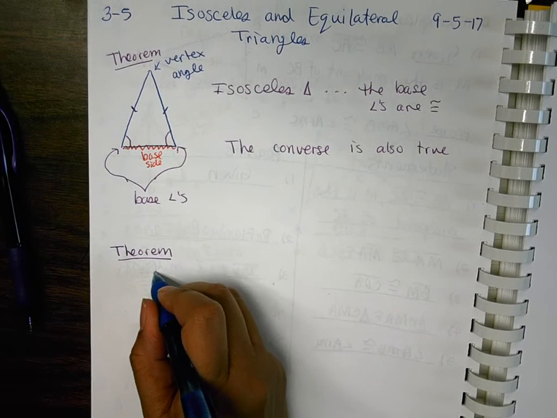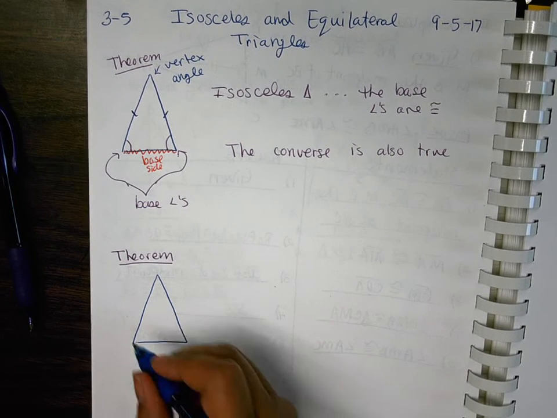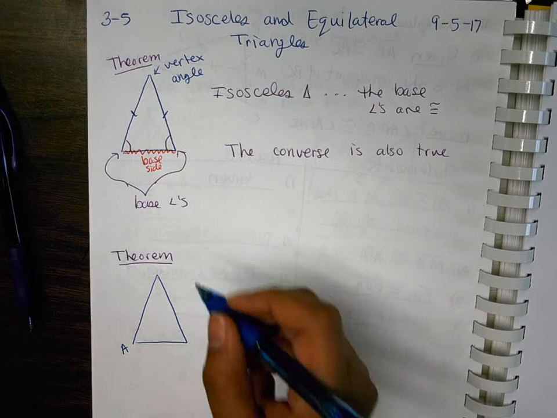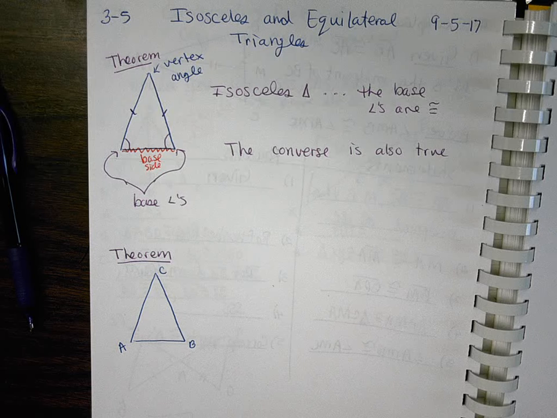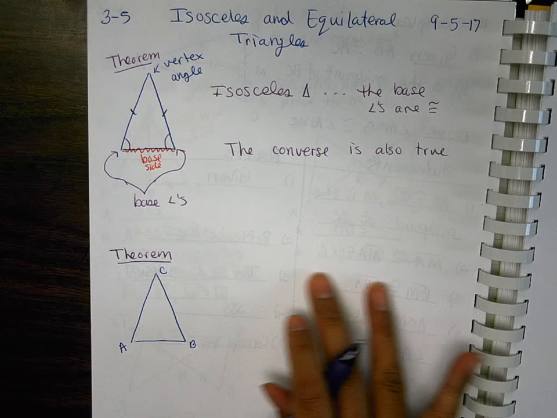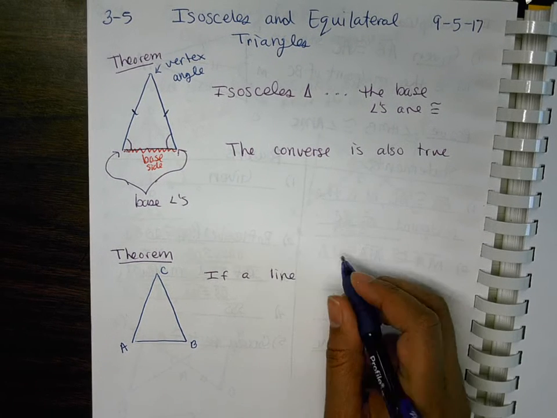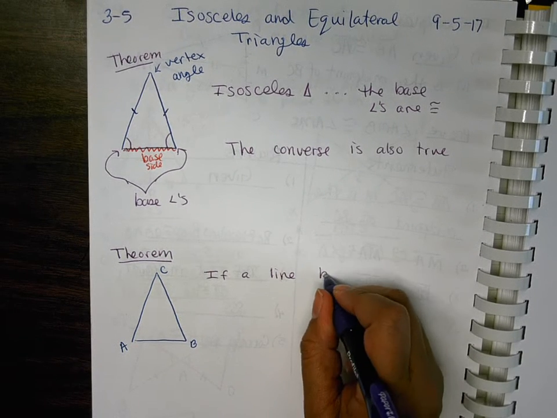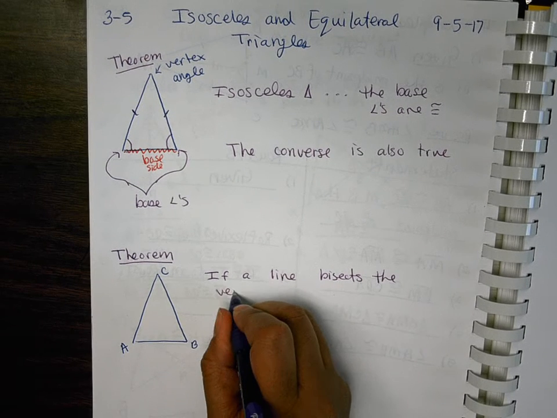Which states, all right, let's stop the talking, please. I'm going to call this triangle A, B, C. Everybody have it? Okay, I'm going to write down quite a bit here, so I suggest you write it down with me.